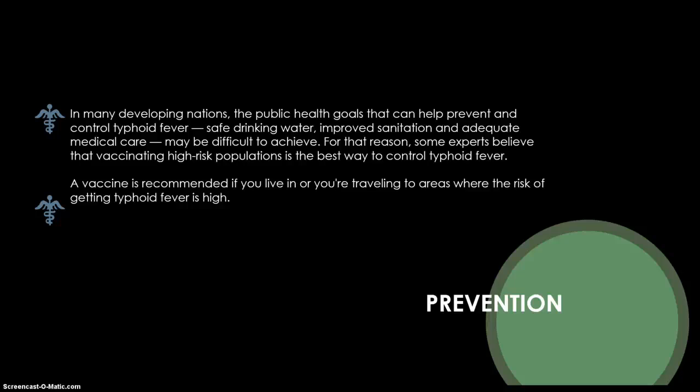But for other countries where the condition of typhoid is very threatening, we generally send vaccines which are used for the prevention of typhoid fever. A vaccine is recommended if you are moving from a developed country to a nation where the spread of typhoid is very high; you are generally vaccinated before you reach that place.